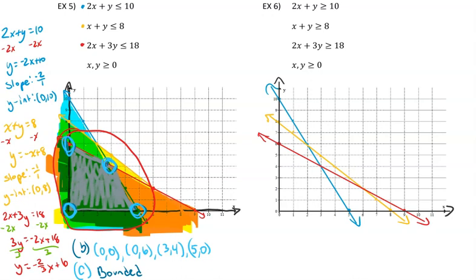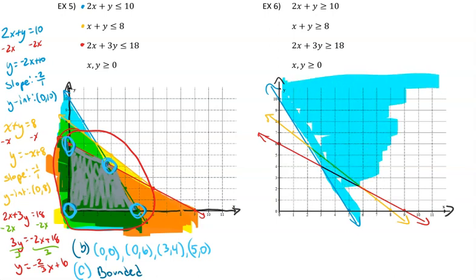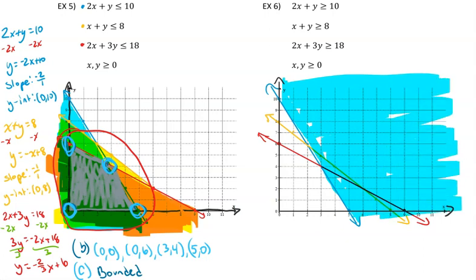So if we go through them one at a time again, the blue one we're going to shade above. So that's going to be this region up here. The yellow one we are also shading above.